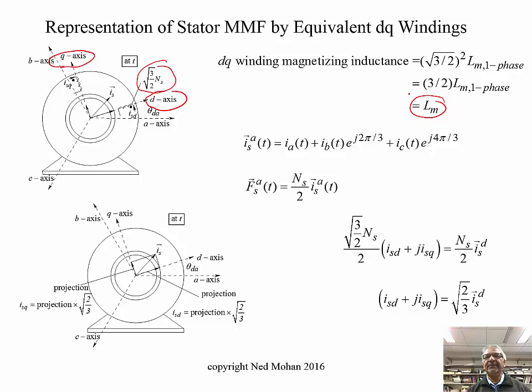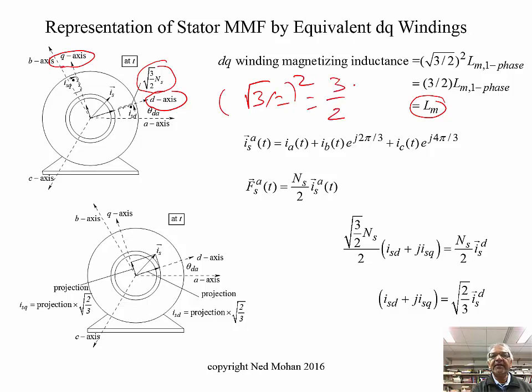That doesn't exist here. Okay, so because the D and Q windings are orthogonal to each other by design, they don't interact with each other in terms of contributing flux linkage, and therefore this number of turns has to be larger by a factor of square root of 3 over 2, so that when you square it, because the inductance is proportional to number of turns squared, this factor of square root of 3 over 2 becomes 3 half.